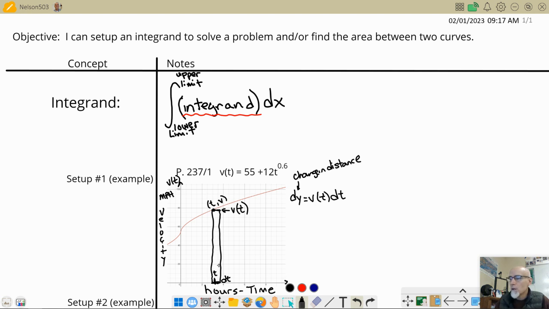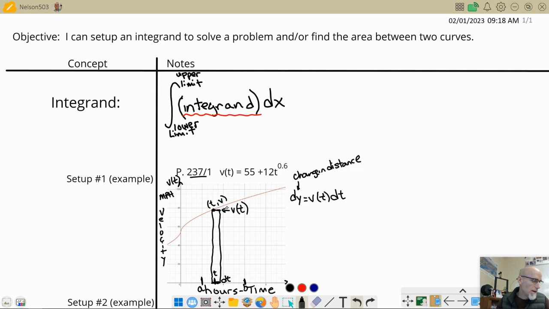Now they say the total distance a car goes in time from A to B. So now they're saying there's an A over here. Let's say this, like at 2, it's A. And then over here, let's say it's at B. So they're saying the distance from A to B. And they got a little picture. I hope you're looking at page 237.